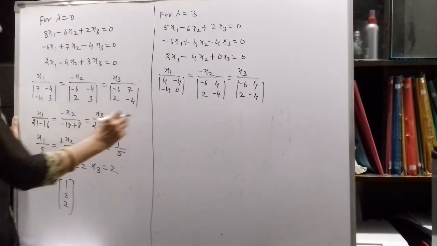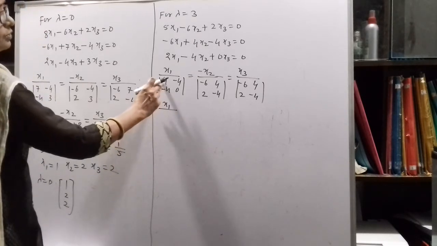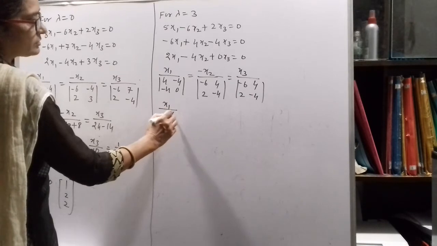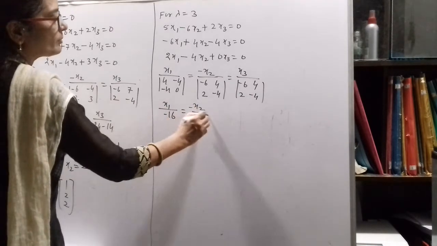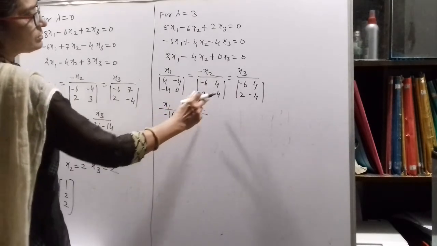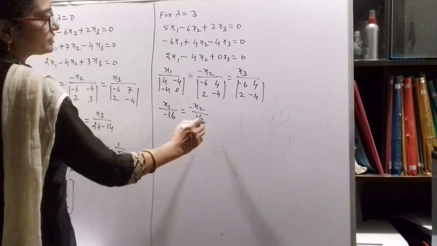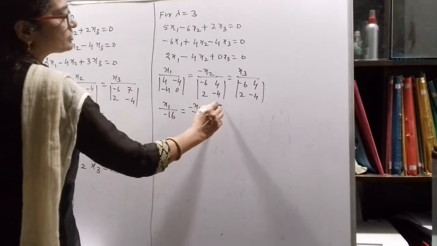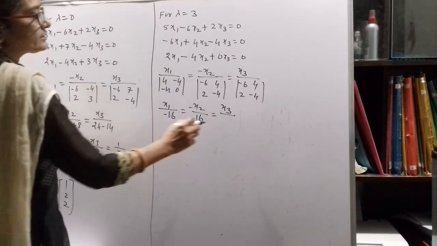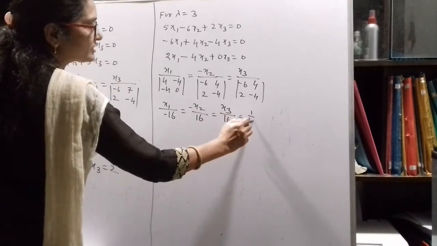Solving this, we will get x1 upon 0 minus 16, that is minus 16, is equal to minus x2 upon 24 minus 8, that is 16, is equal to x3 upon 24 minus 8, that is 16, and this is equal to 1 upon 16.